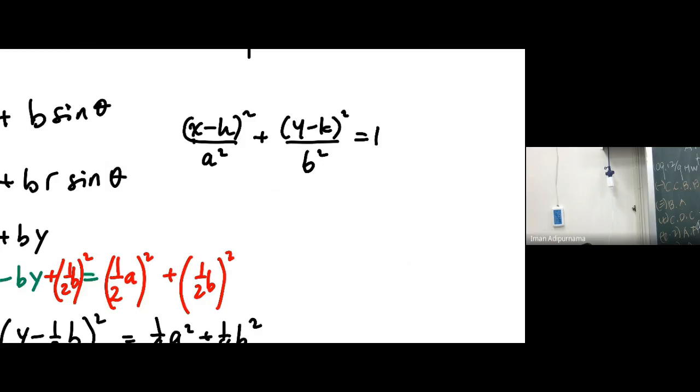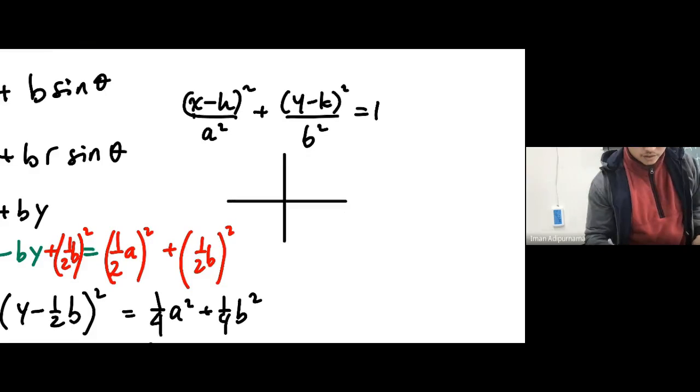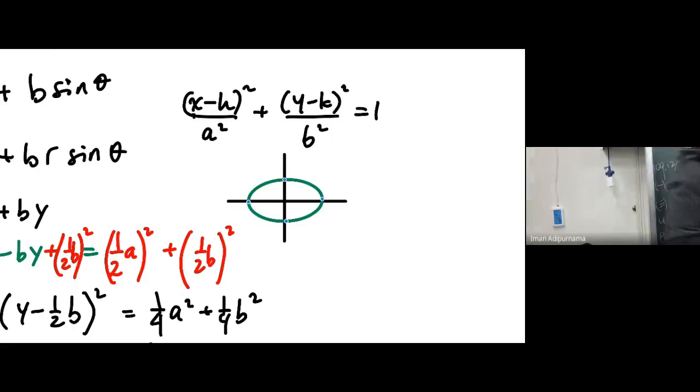Or the other way, you can just ignore this at first glance. Draw the normal version of the ellipse, and later shift it to h, k. That's also fine, and maybe that's even faster. So maybe this is your ellipse, drawn at the center 0, 0.